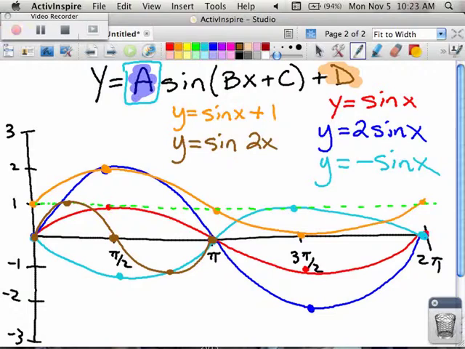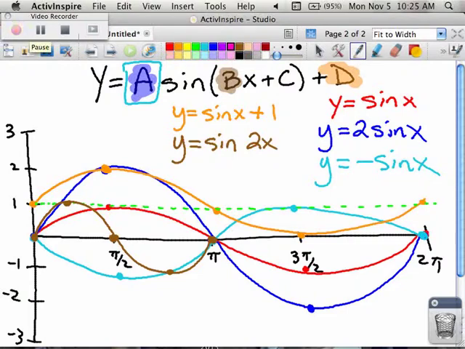Now that you have y equals sine of 2x, you're getting done with 1 mountain and 1 valley in pi for the period. You're finishing your mountain and valley in half the time because you're going twice as fast. That b that you see with the x affects your period or your cycle speed. So the number there is affecting it. Oh, I get it now. The b affects the period. And I'm going to talk more about that in a little bit.